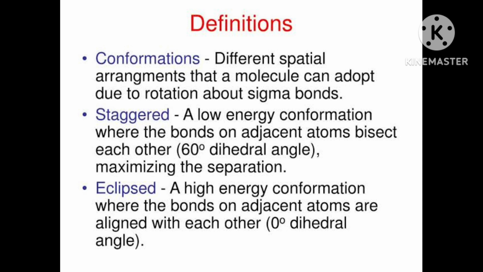Hence it has the least torsional strain, and the eclipsed form has the maximum torsional strain, because more repulsion is there. Thus, it may be said that rotation around the carbon-carbon bond in ethane is not completely free.